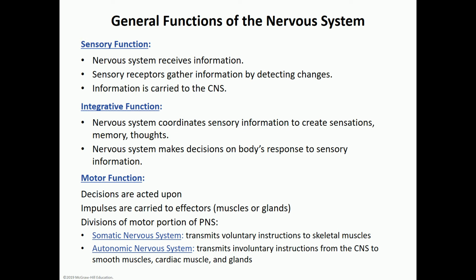Now, moving on to the general function of the nervous system, the nervous system has three main functions. There is a sensory function, and this function lets us receive sensory information.